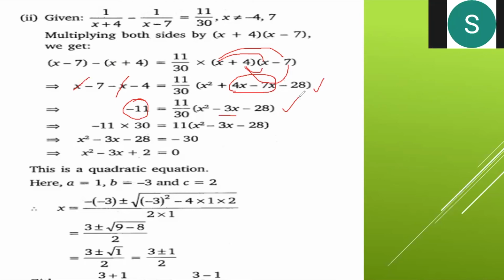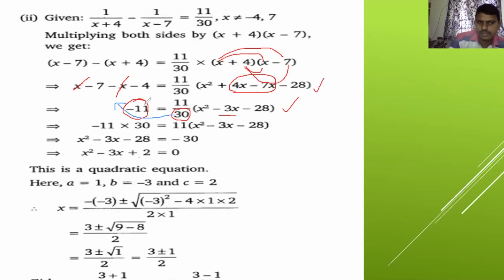Yes, sir. Now, here the denominator 30 is there. If you cross multiply to that side, the denominator becomes numerator as well as product. So minus 11 into 30. Here nothing changes.